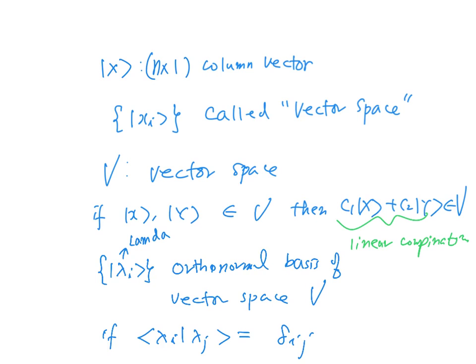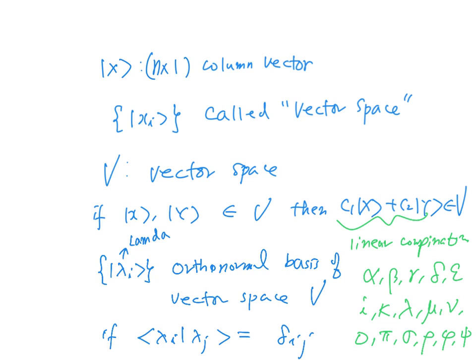Everybody knows this. This is called alpha, beta, gamma, delta, epsilon, iota, kappa, lambda, mu, nu, omicron, pi, sigma, rho, phi, psi, eta.